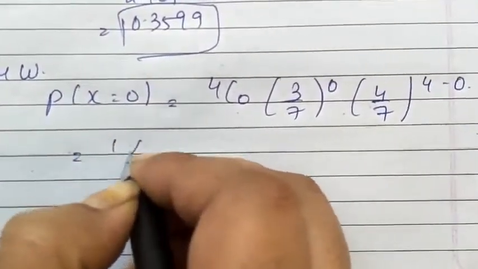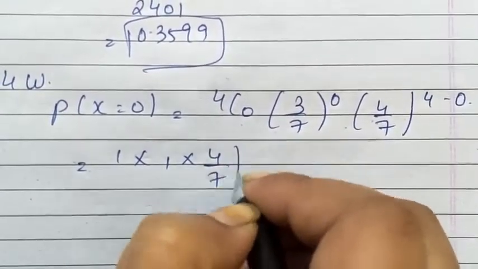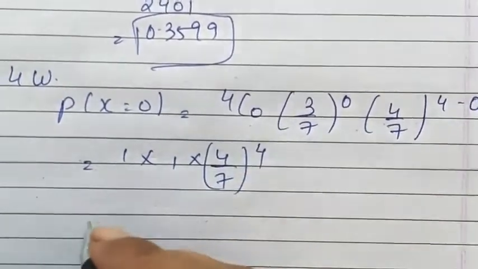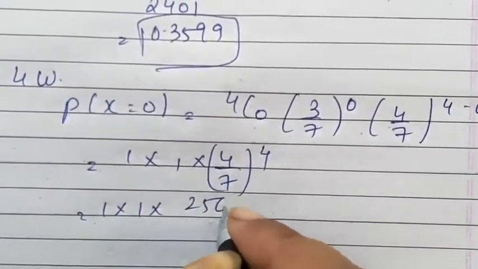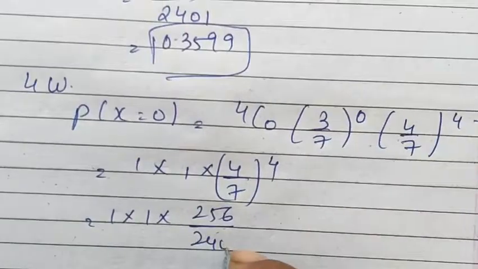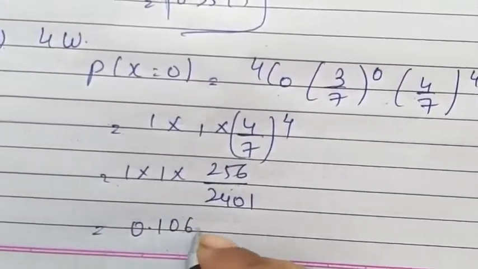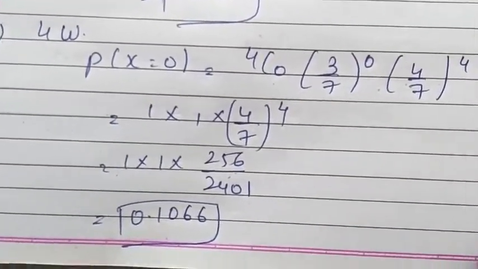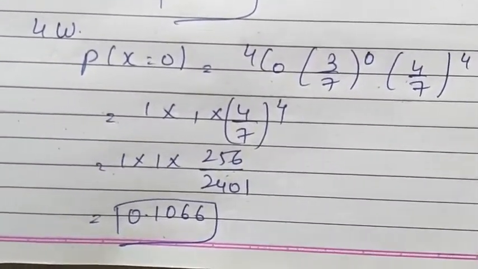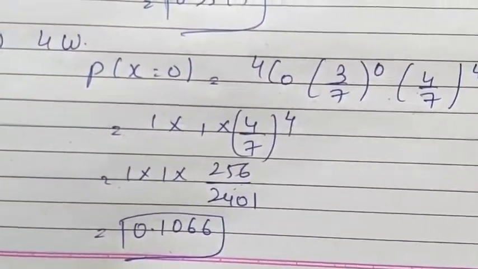So that is 1 into 1 into 4 upon 7 raised to 4. The answer is 1 into 1 into 256 upon 2401. The answer comes to 0.1066. Clear? So here we complete our sum number 7 and section E of exercise 2.